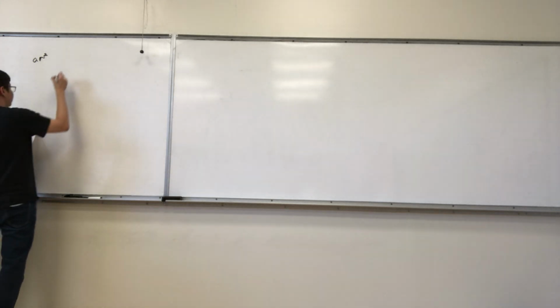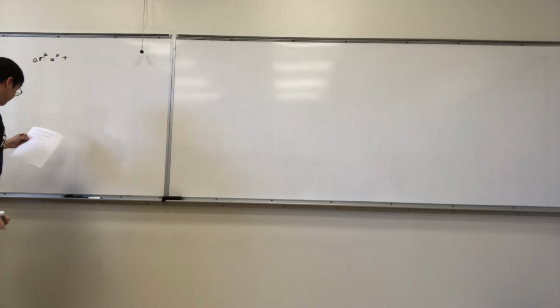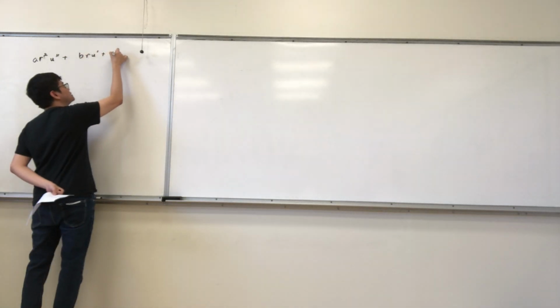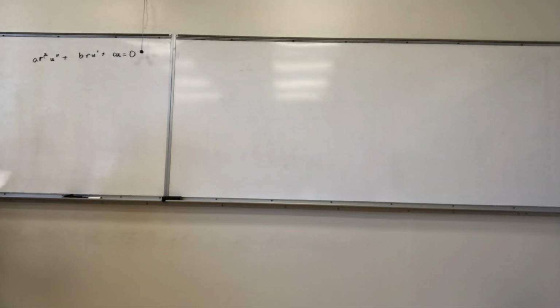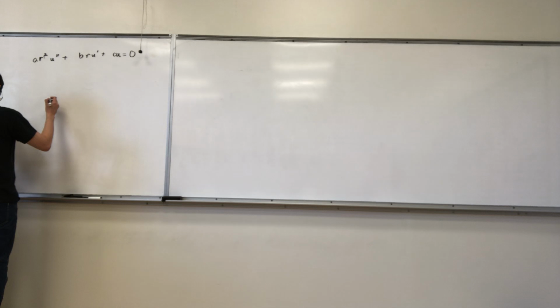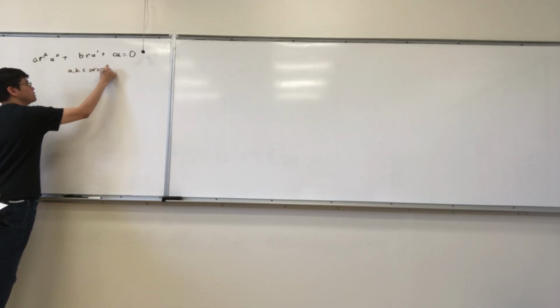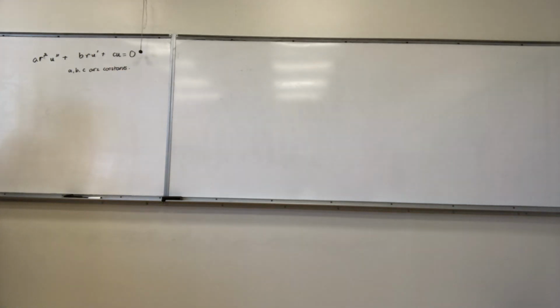So you have A R squared U second plus B R U prime plus C U is 0. This is the equation that we have, and A, B, C are constants. You have a formula of solutions for this.